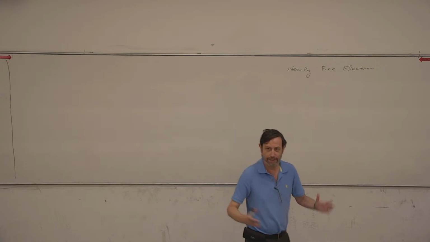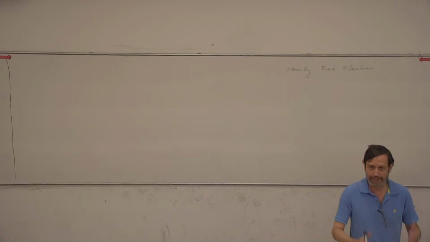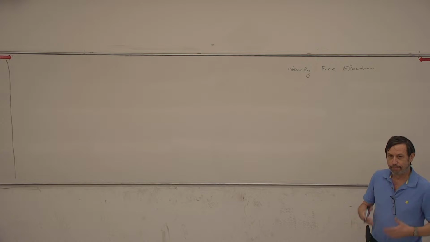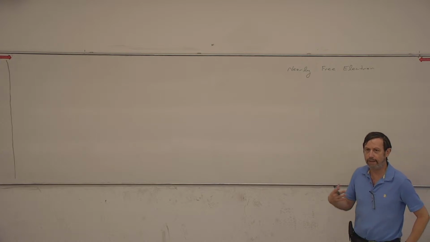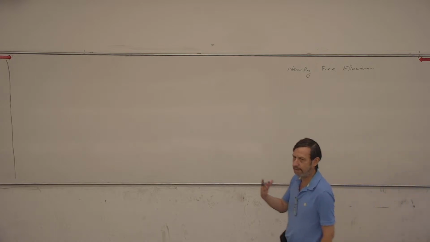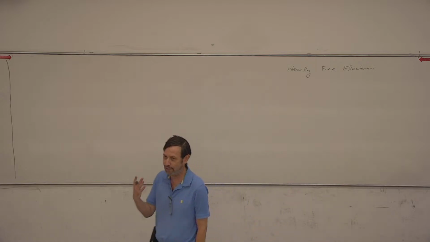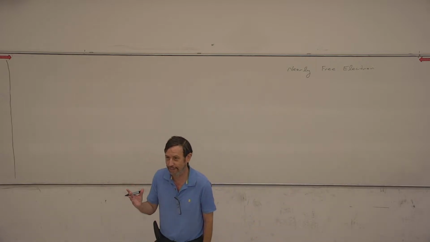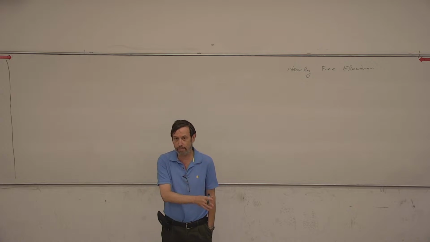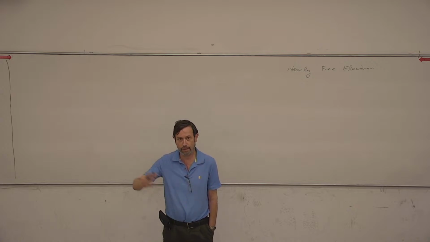So the same thing here. Once you break the symmetry, it doesn't matter how weak this potential is, something changed. Because you had a continuous symmetry and you broke it into a discrete symmetry.